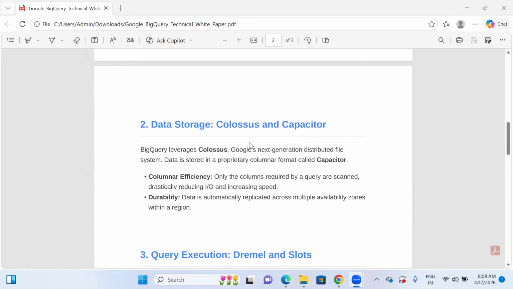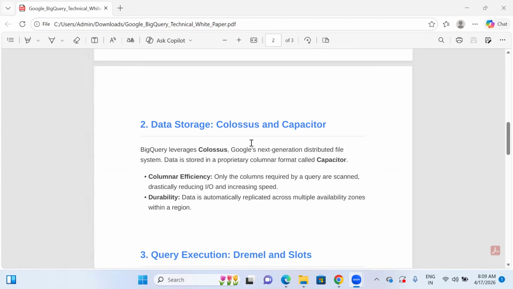What are the different leverages of Colossus we have? At the same time, whatever distributed system we are developing, when there is data storage in a proprietary columnar format, which is also called Capacitor, it can be divided into two parts: one is columnar efficiency, the second is durability.